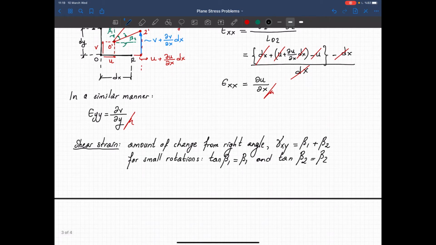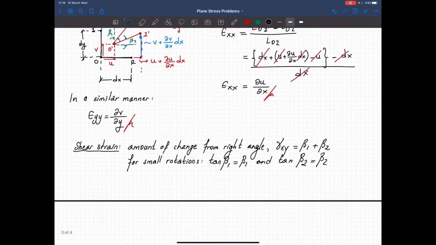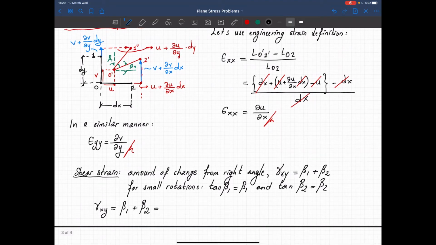So with all this information, I can write the following: the shear strain is equal to beta 1 plus beta 2, and we know that we can take beta 1 is equal to tangent beta 1. So let's take a look at beta 1.